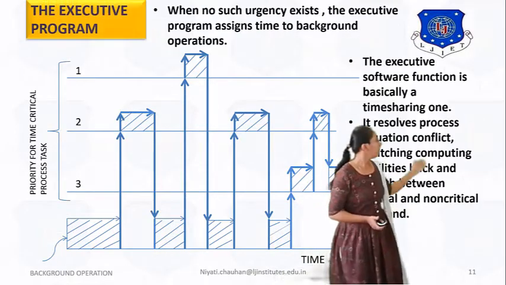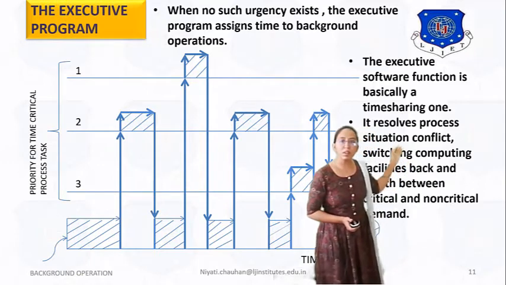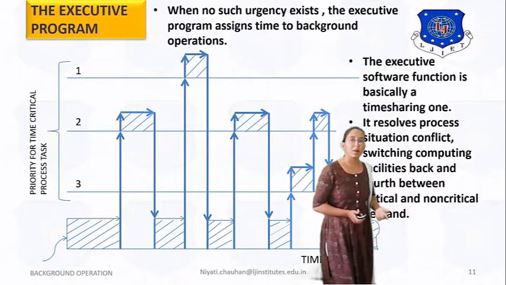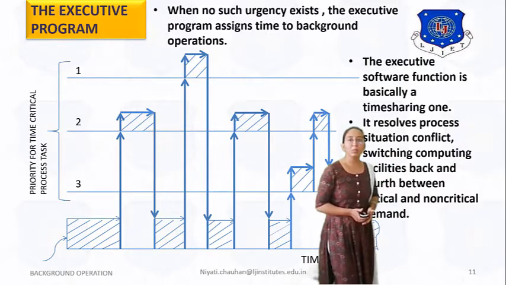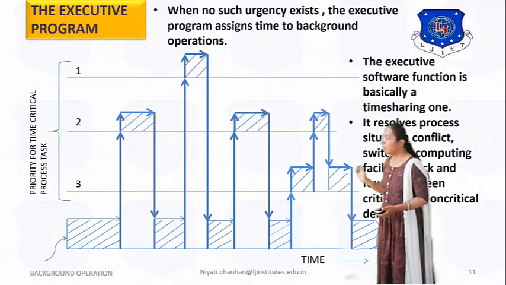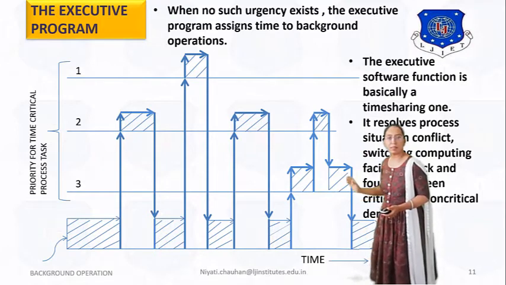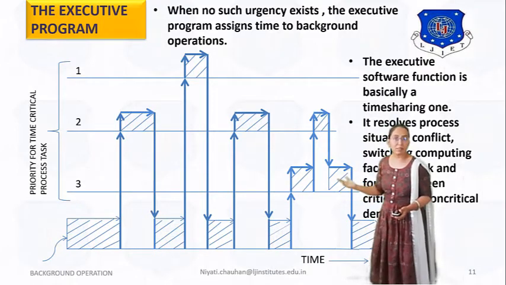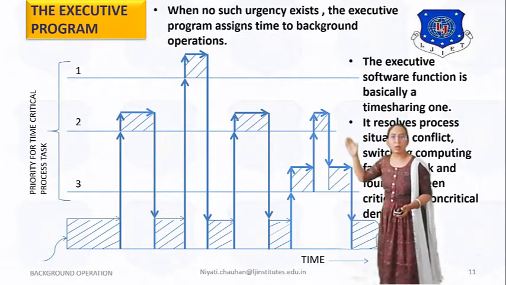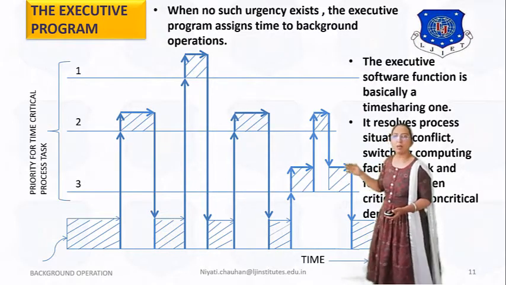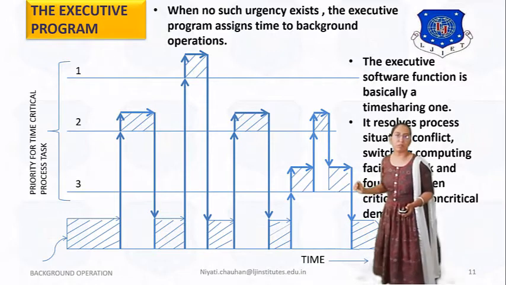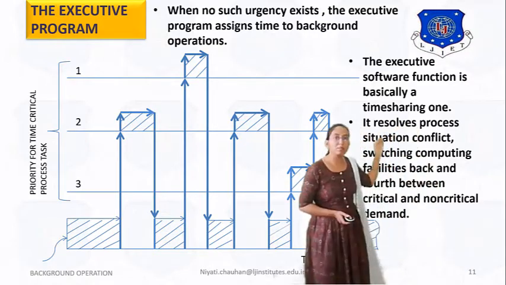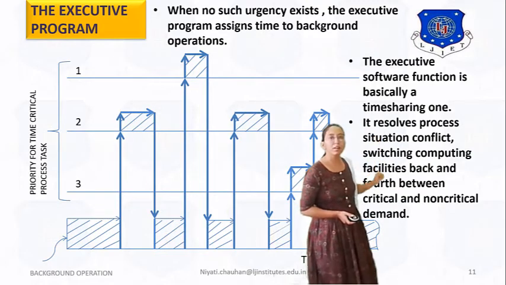When no such urgency exists, the executive program assigns time to background operation. In the diagram, this line indicates that no urgency exists, and the executive program assigns time to background operation. The executive software function is basically a time sharing one.